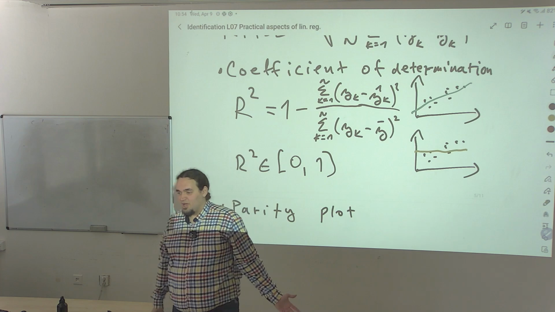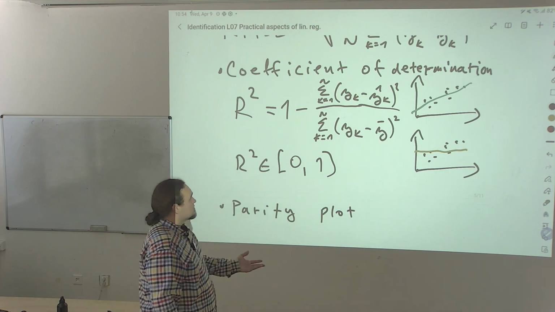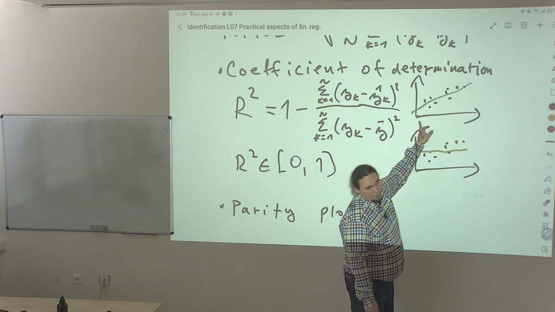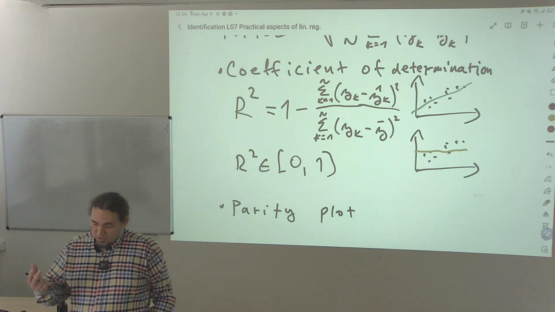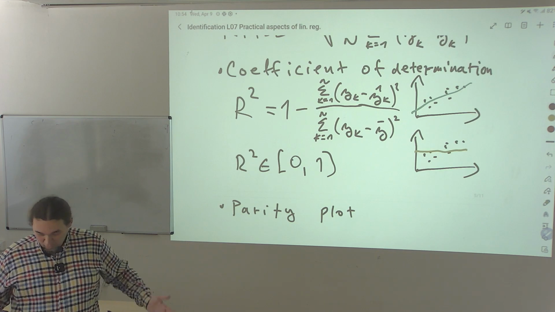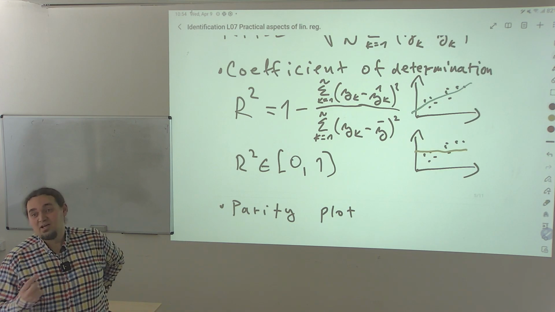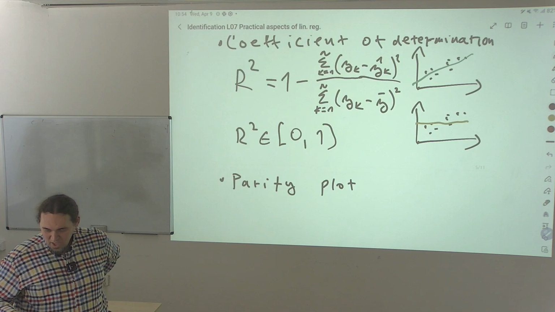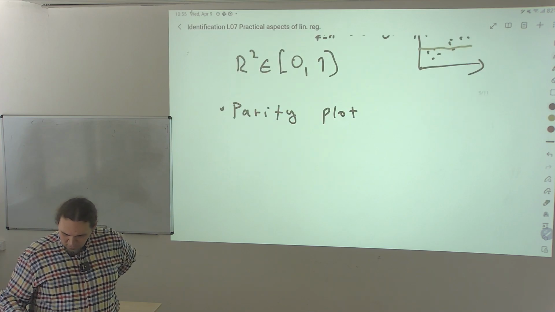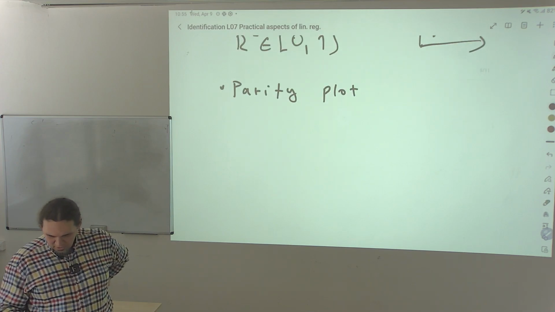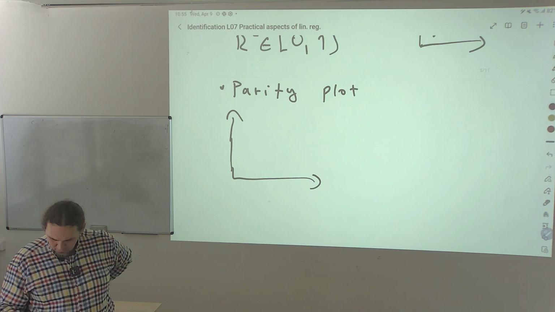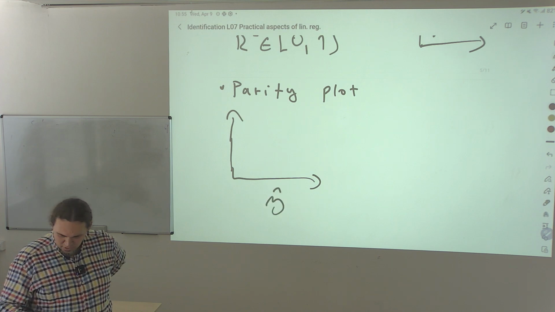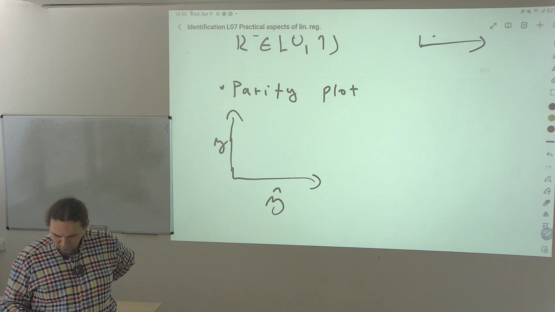What better assessment can you get? But they will work if we have one independent variable. Maybe if we have two independent variables, we can get a 3D plot. But if we have more of them, 10, it's already quite hard to see how the model performs. So for that, we can do this parity plot, or we can even call it a correlation plot, of our prediction versus our measurement.